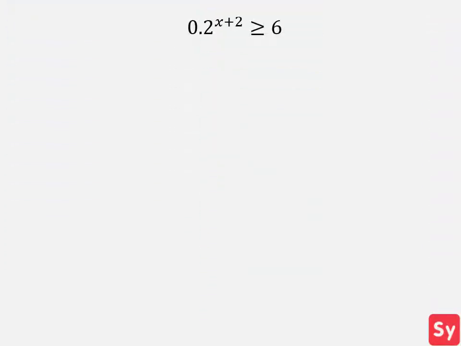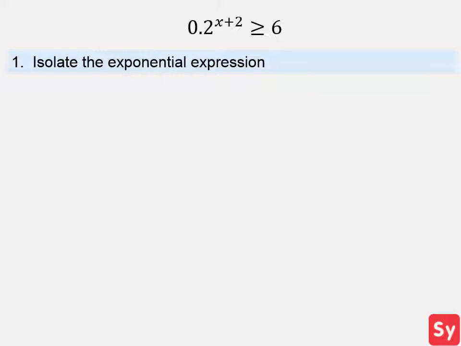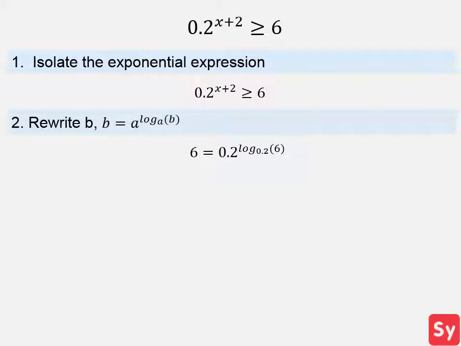Last example, we have 0.2 to the power of x plus 2 is greater than or equal to 6. First, we isolate the exponential expression. This is already done, so we can move on to the next step. Next, we rewrite b. In this case, b equals 6, so 6 equals 0.2 to the power of log base 0.2 of 6.